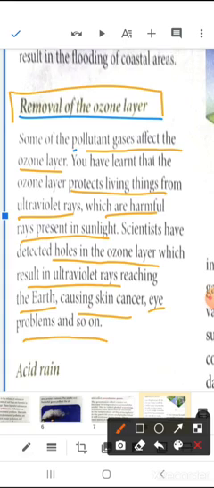So removal of the ozone layer is also a very important environmental problem. This is also because of the pollutant gases.